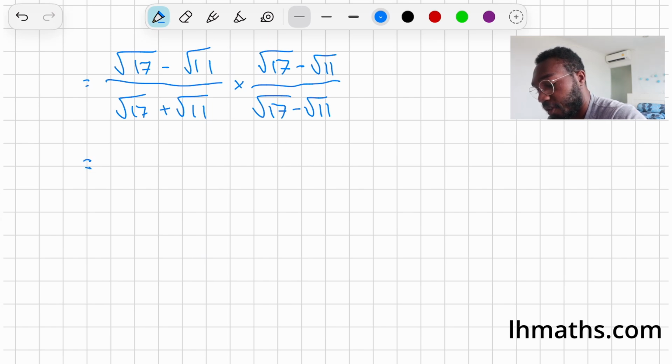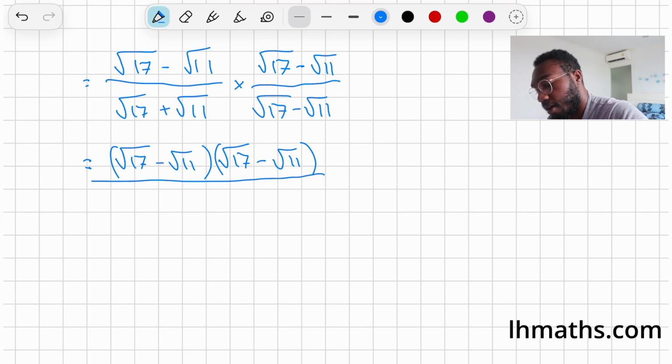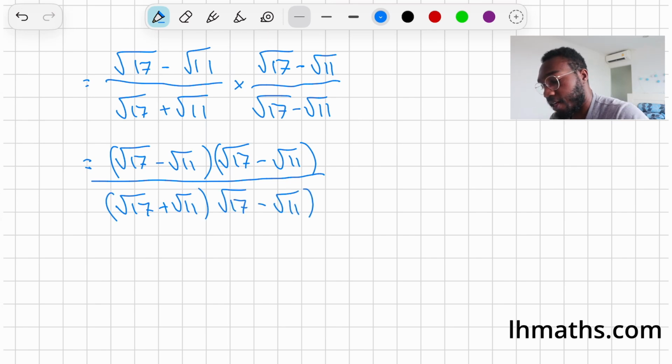So if I just put everything together, we get the square root of 17 minus the square root of 11. That is being times by itself, the square root of 17 minus the square root of 11, and that is being times by the square root of 17 plus the square root of 11 times by the square root of 17 minus the square root of 11.